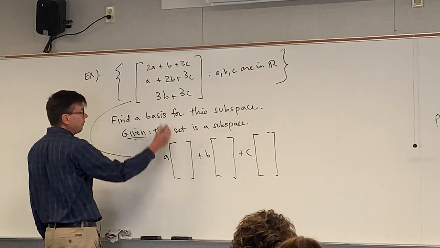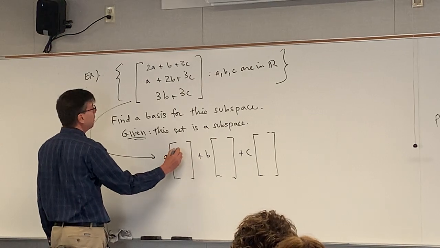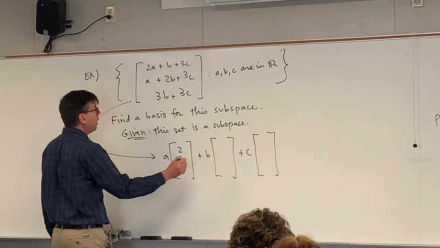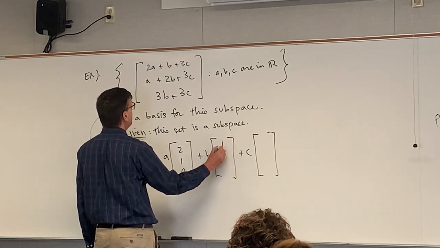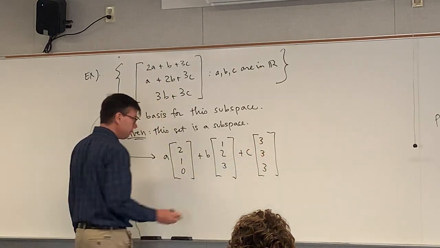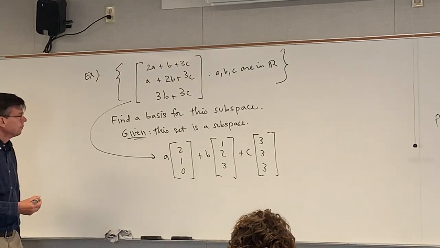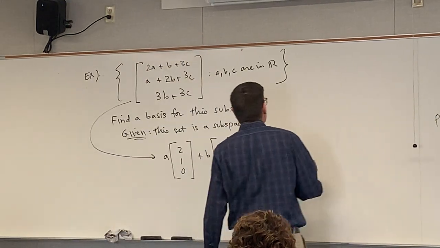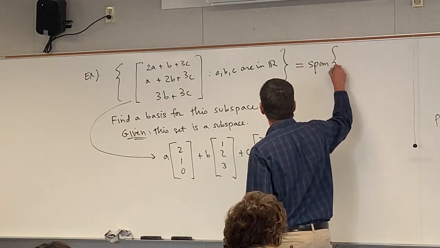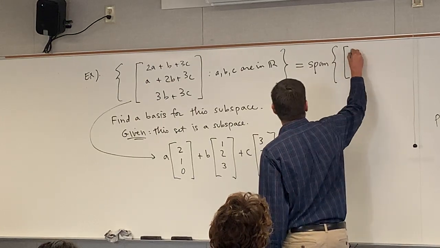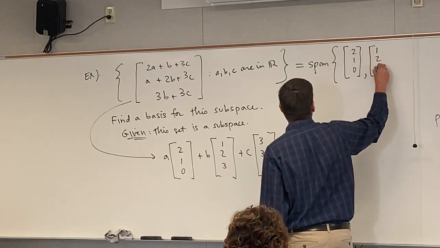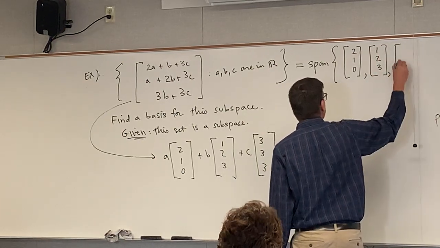And the coefficients of a are 2, 1, 0. Coefficients of b are 1, 2, 3. Coefficients of c are 3, 3, 3, right? So we can say this subspace is actually equal to the span of (2, 1, 0), (1, 2, 3), and (3, 3, 3).